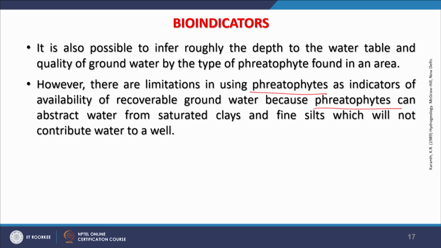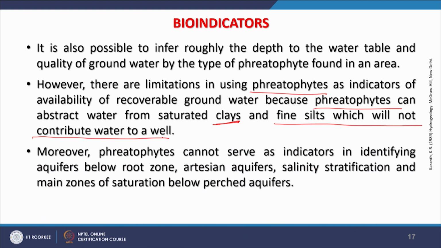So if phreatophytes are growing, somebody may say the groundwater conditions are good, but clay is not very good from a groundwater point of view, because it does not have much intrinsic permeability. It might have a secondary permeability, that is a different thing, and fine silts will not contribute water to a well. So that becomes one of the limitations.